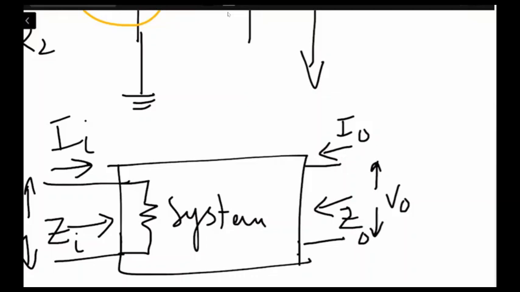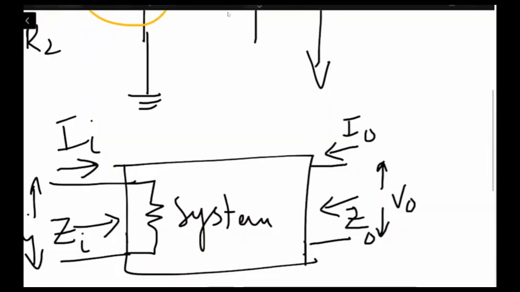If we see here, I naught is flowing into the system, with Z naught as the impedance looking into the system from the output side. Similarly, for the voltage, this is the positive sign and this will be the negative sign.